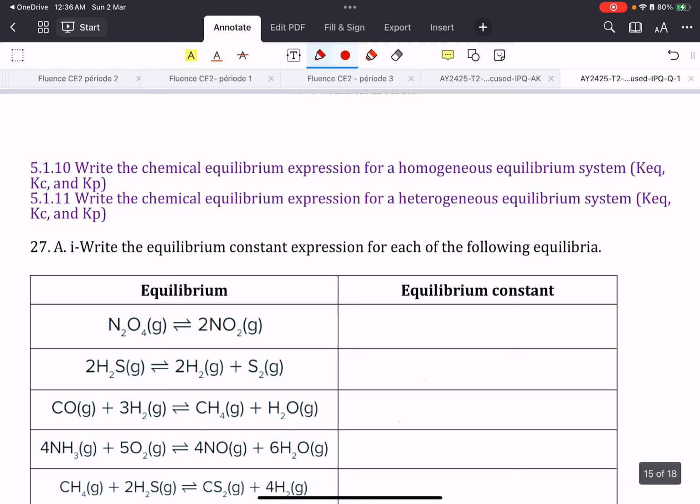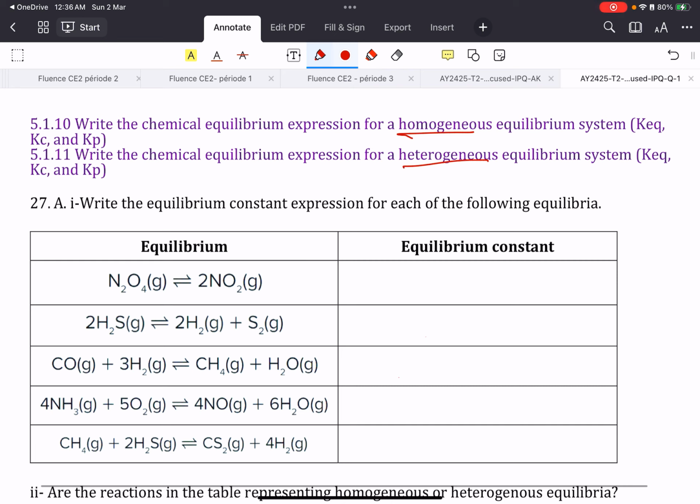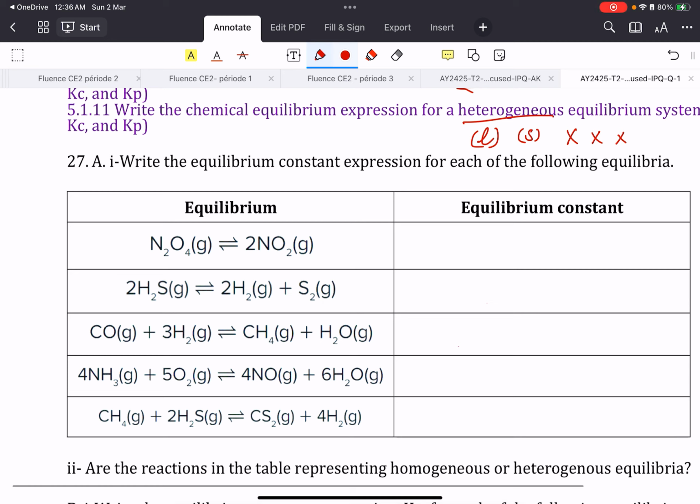Next question. Here, when they ask you to write the K equilibrium, be careful if the system is homogeneous equilibrium or heterogeneous equilibrium. In heterogeneous equilibrium, anything liquid or solid is not allowed to be written in the K equilibrium formula. Now, whatever number that we see here, these are powers.